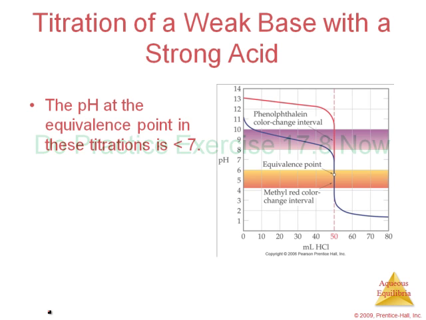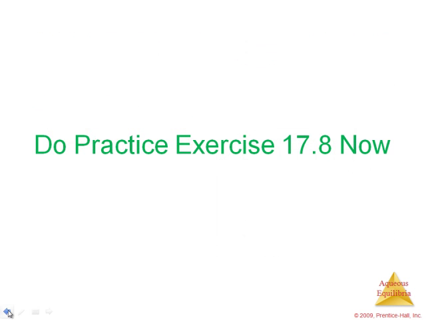So let's do 17.8 also. Now here again we are calculating the pH, but now we are calculating the pH at the equivalence point. Okay, so at the equivalence point, what is the calculation? That's what we are going to see.